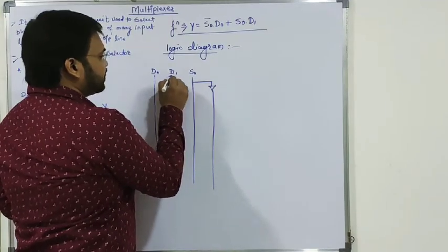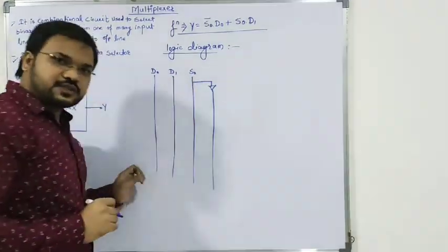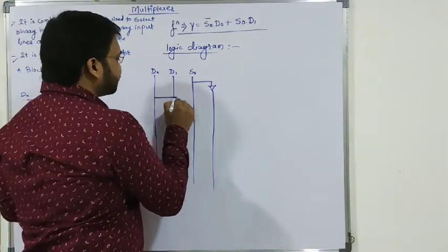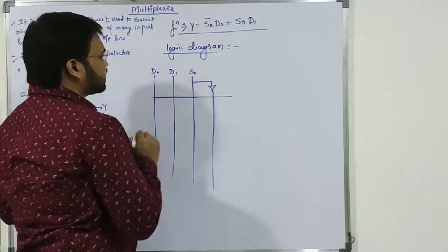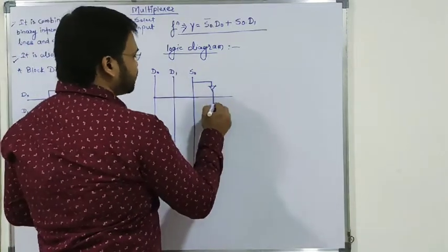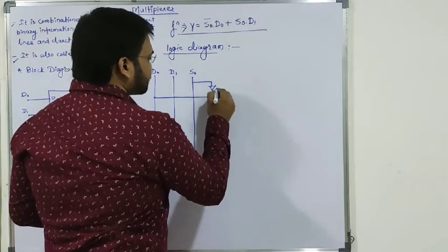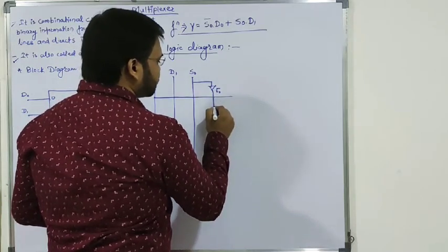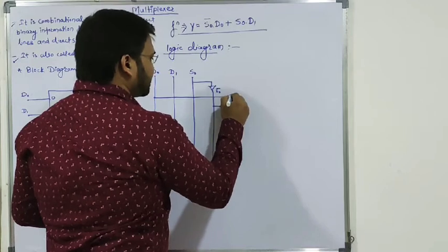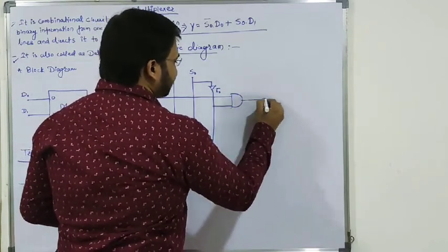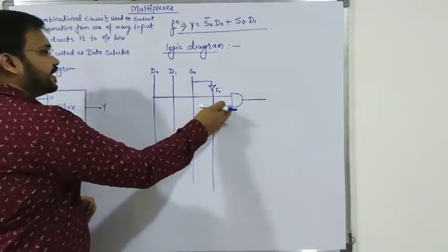To draw the logic diagram, here D0 is the data input line. From this we take one line, D0, and another line, S0 bar, and apply them to an AND gate.